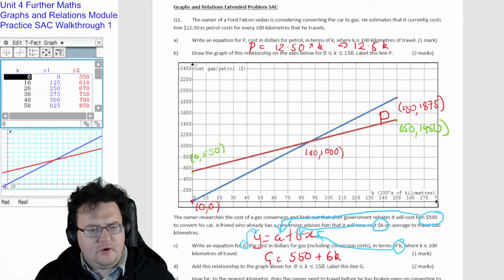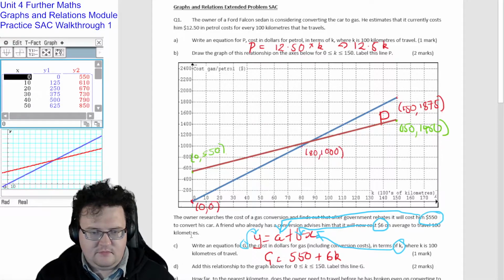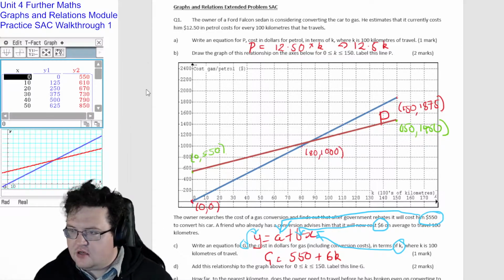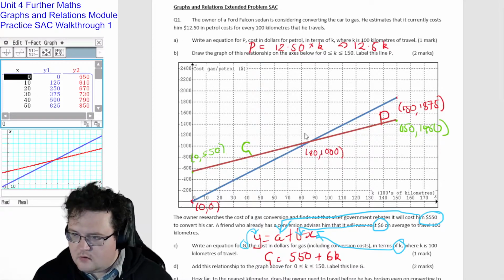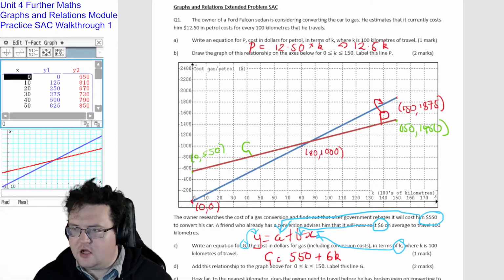There's a crossover point. I wonder if that's going to become useful in a minute. Spoiler alert, yes, it will become relevant. So we've got our line there. We're going to label it G. P is this line here. G is the brown line.